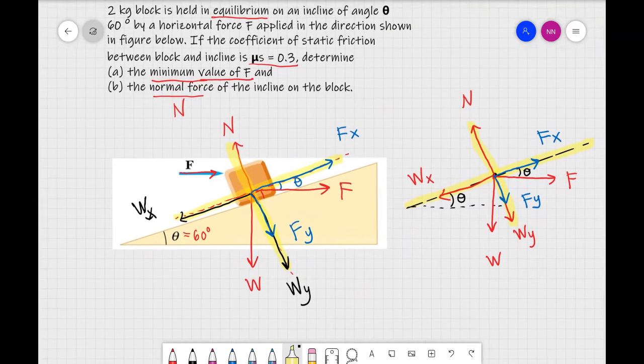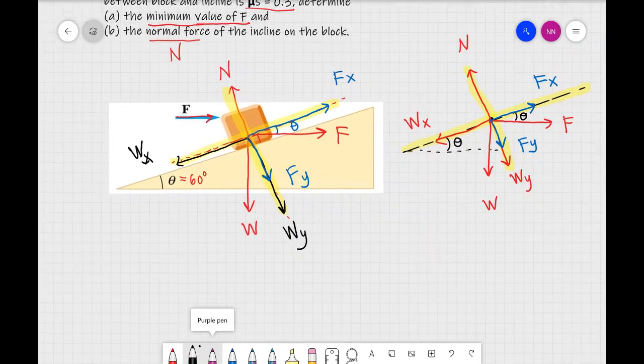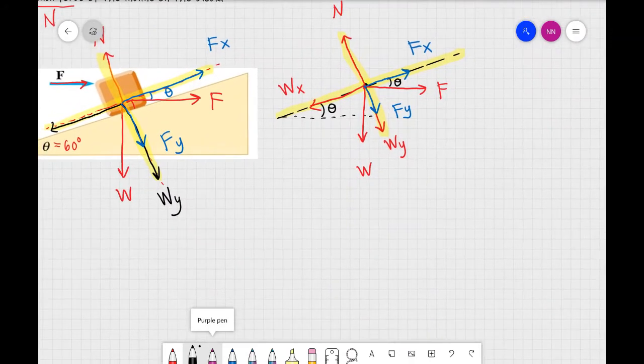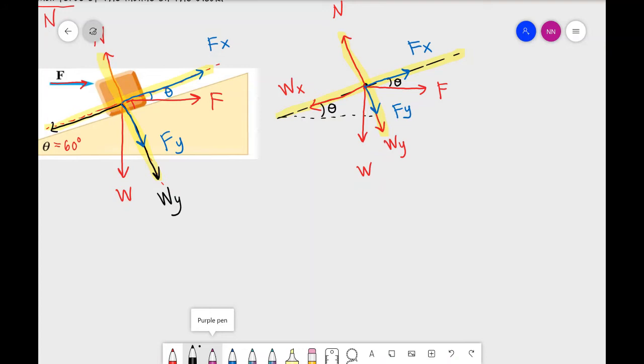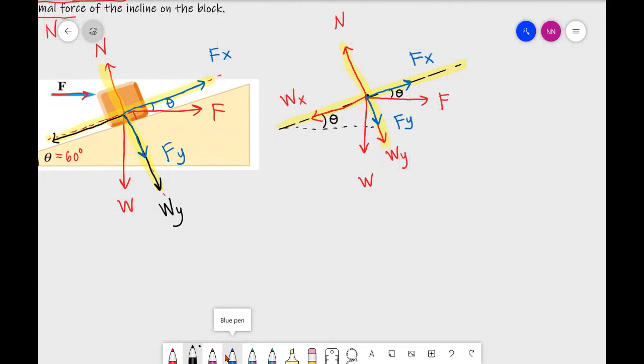It states that the block is in equilibrium. That means we may apply net force x equals 0 and net force y equals 0. So for net force x equals 0, we have Fx and Wx.